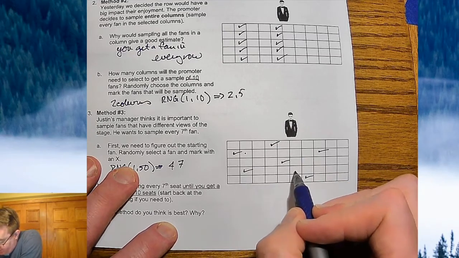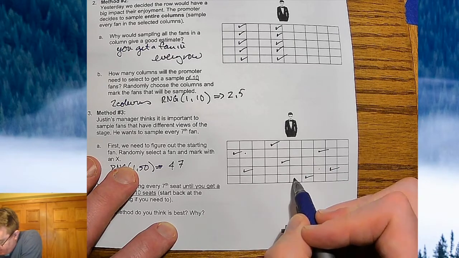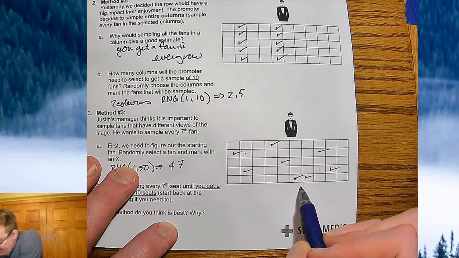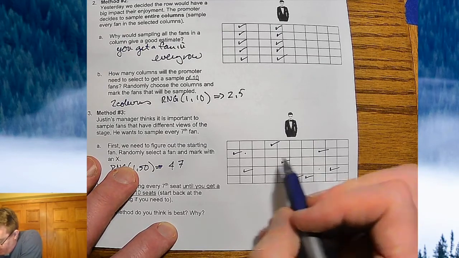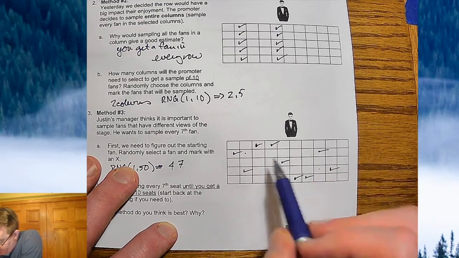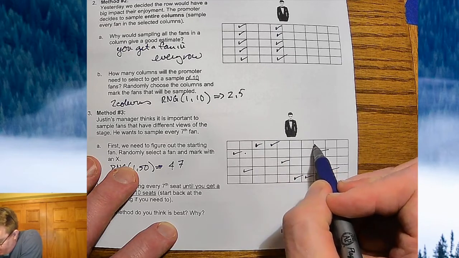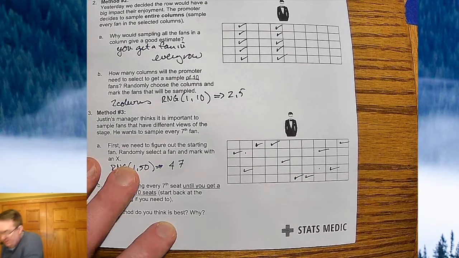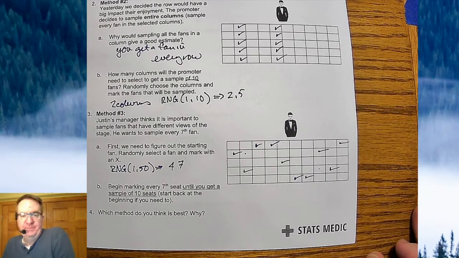Now that's my 7th. No, actually, that's my 8th. So 2, 4, 6, 8, 9. So I got to go one more. 1, 2, 3, 4, 5, 6, 7. So those would be my 10 samples from there.